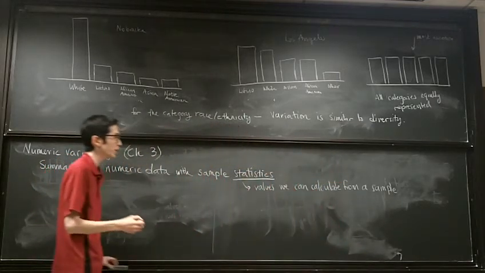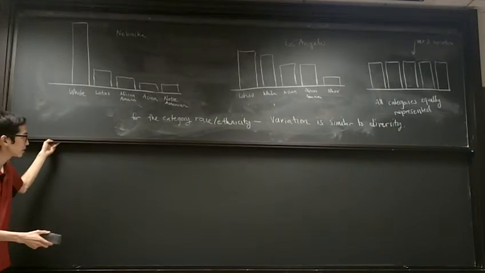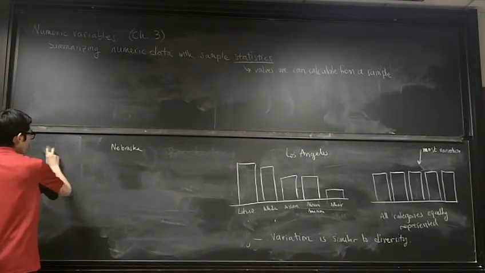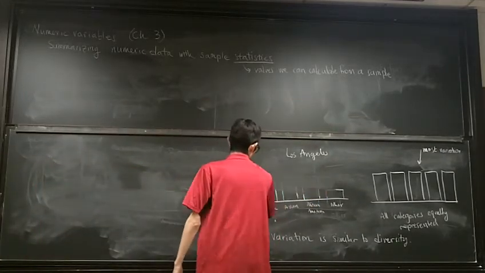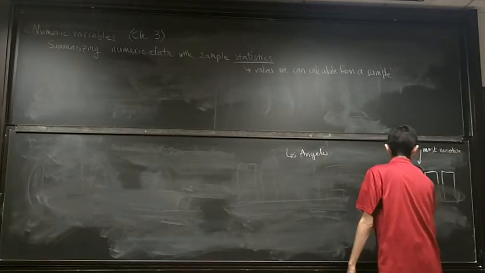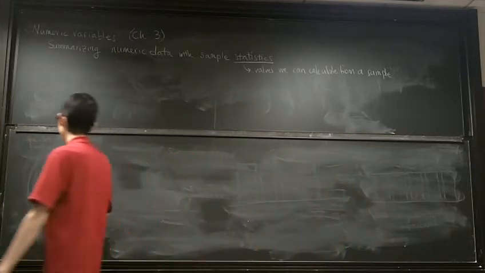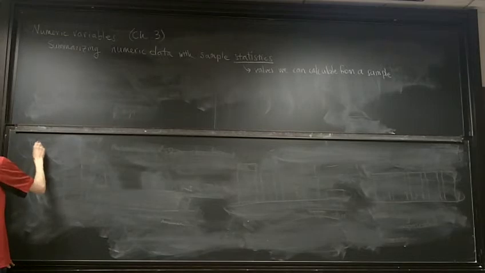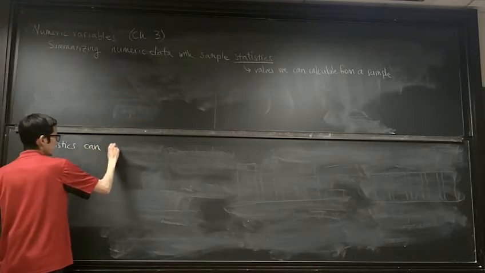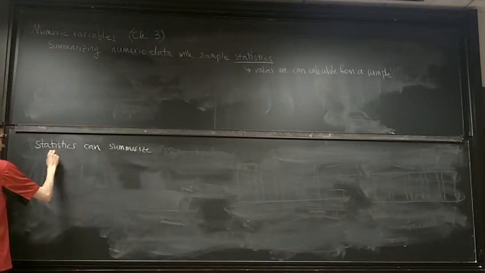When we are describing numeric data, we can create a histogram and get a picture of it, but if we want to summarize it with just numbers, there are some statistics that can summarize, and the ones that we are going to learn about can summarize center.